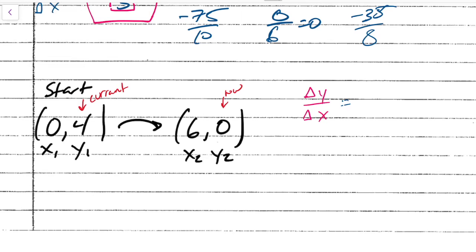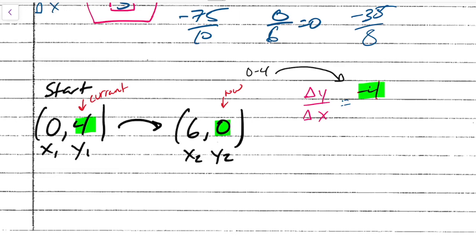Oh, so it went down 4. Well, let me ask you, how can you take the number 0 and the number 4 and get negative 4? Well, then I would have to do 0 minus 4, right, would give me the negative 4.